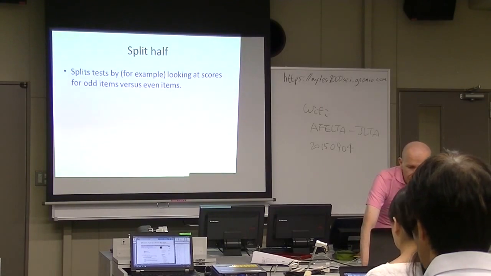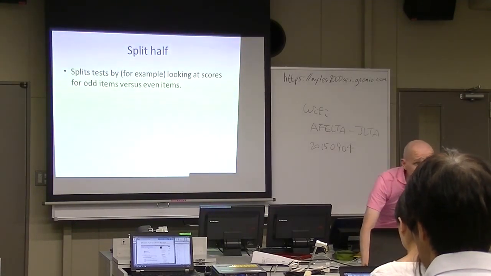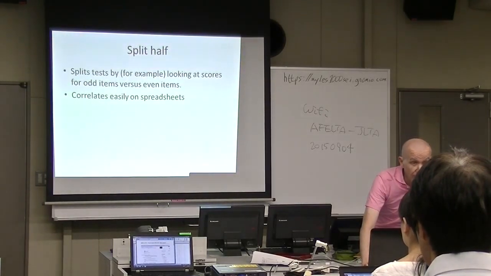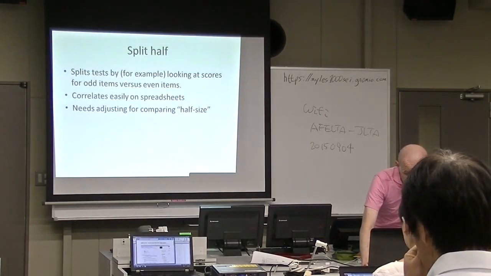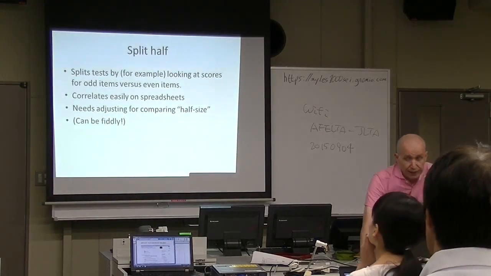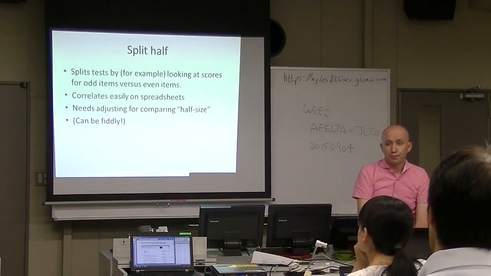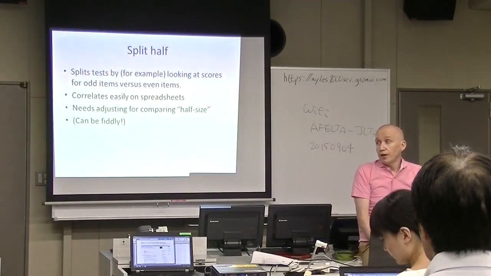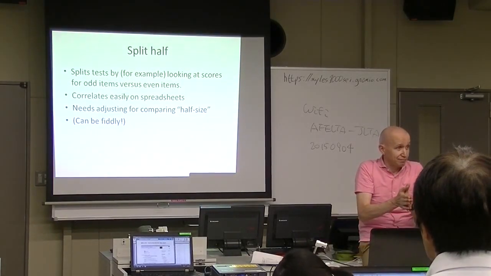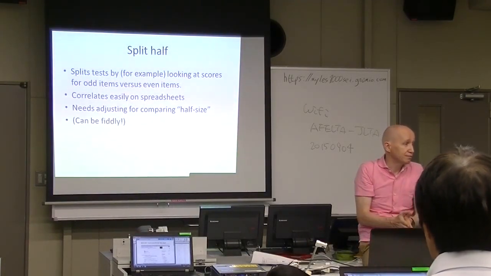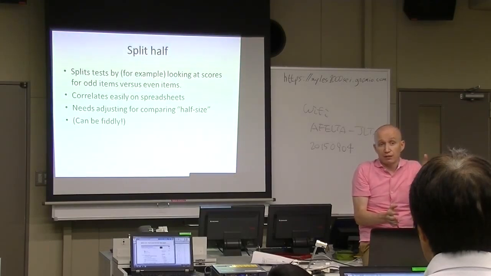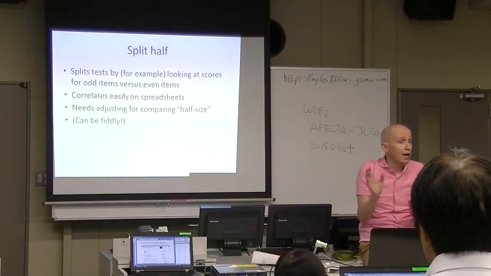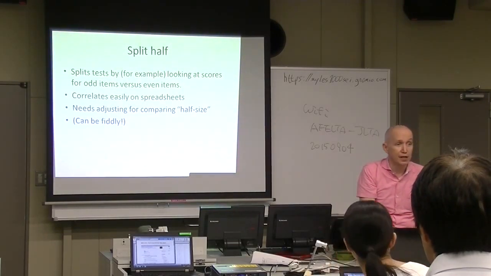Okay. Split half is a very easy way of thinking about reliability. It's also very easy to do on a spreadsheet, though it can be a little bit fiddly. So what we do with split half reliability is we split a test. A test of 20 items, we might divide into the odd numbers, 1, 3, 5, 7, and even numbers, 2, 4, 6, 8.